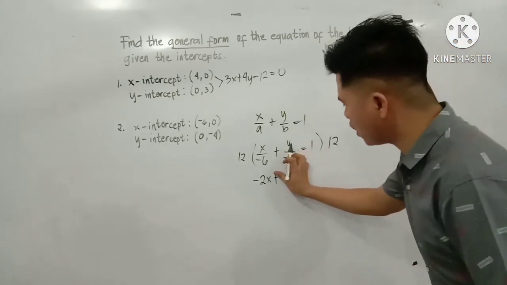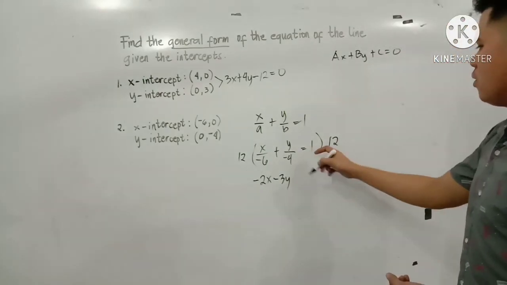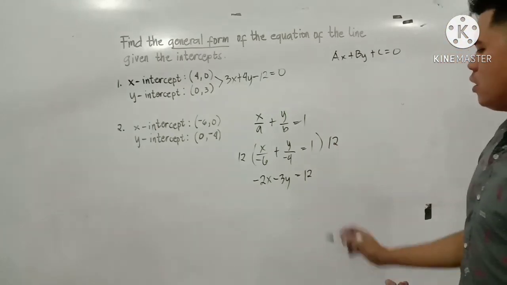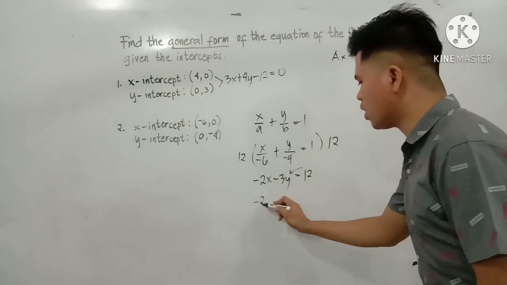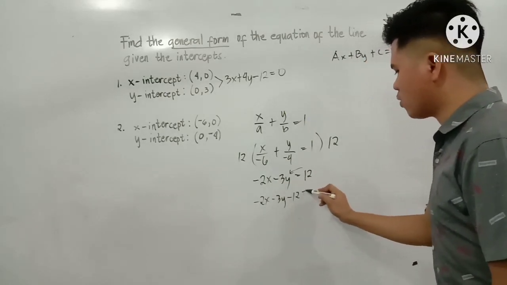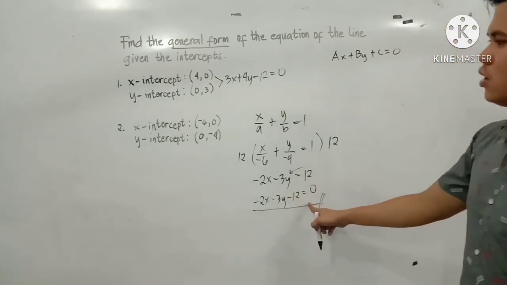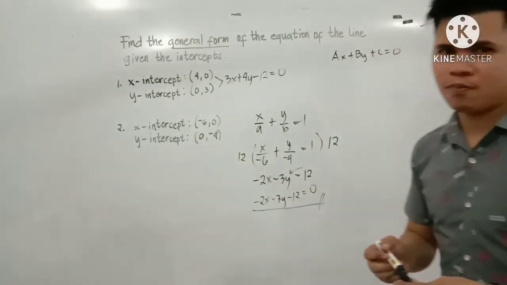So this becomes negative 3y. Then 1 times 12 is 12. Then we have to transpose again this one to the left side of the equation. So we have here negative 2x minus 3y minus 12 equals 0. This is the general form of the equation of the line using this given intercept.